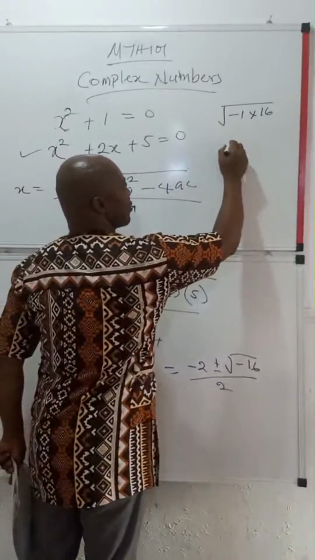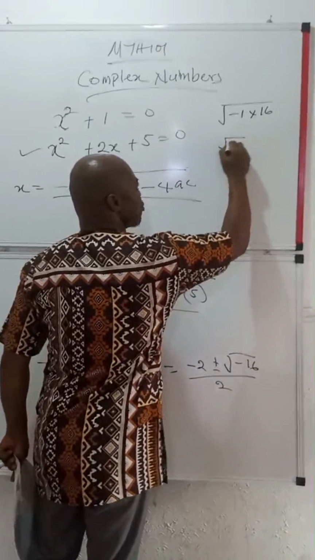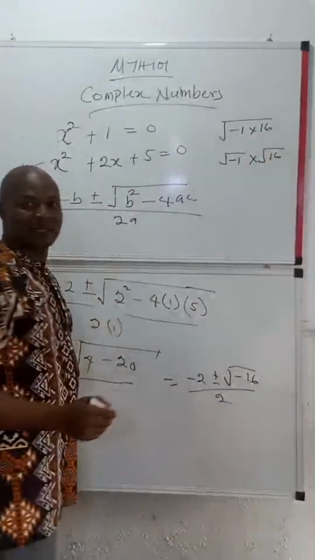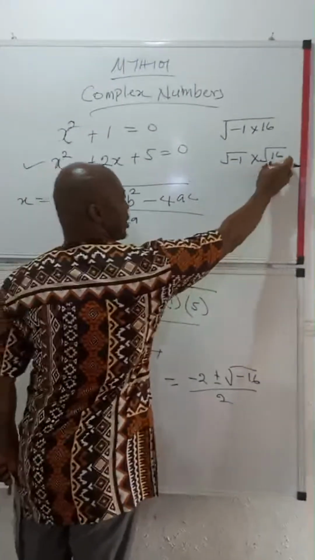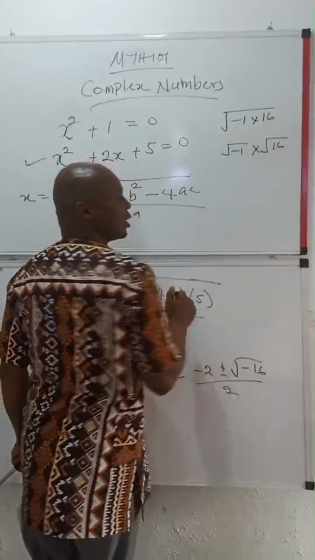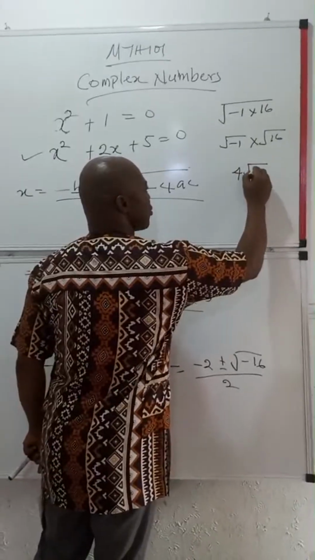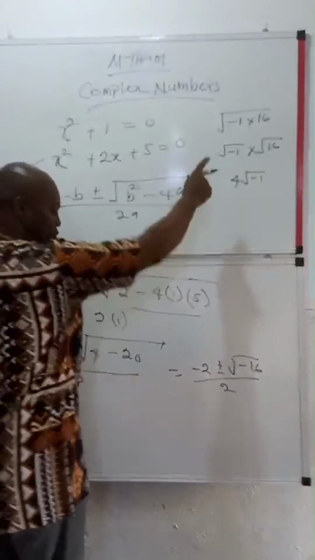This you can further simplify as the square root of minus 1 times the square root of 16, which gives you 4, meaning that we have 4 times the square root of minus 1.